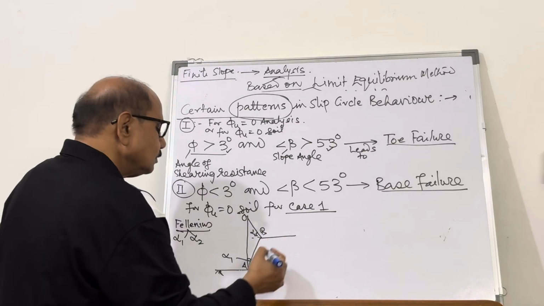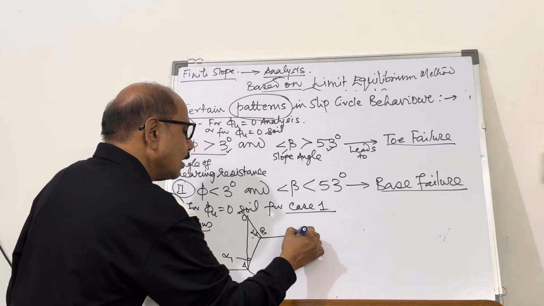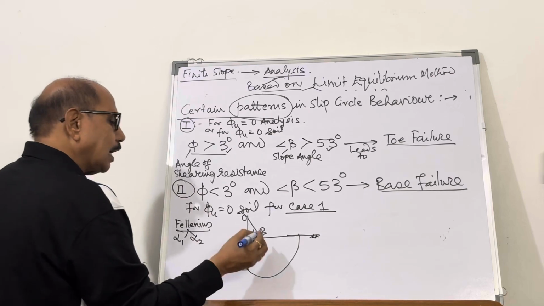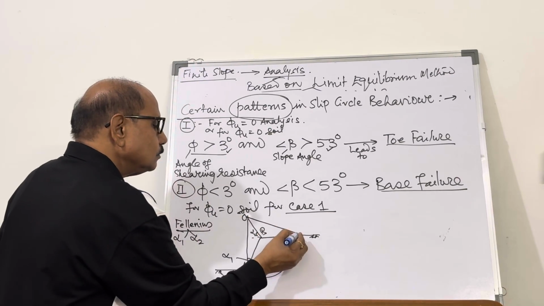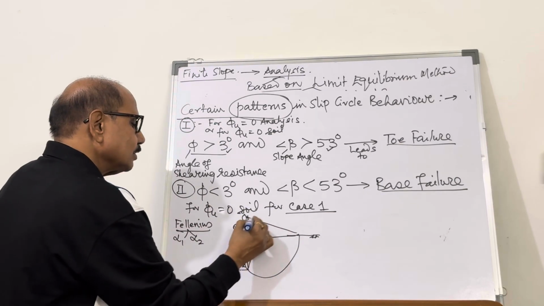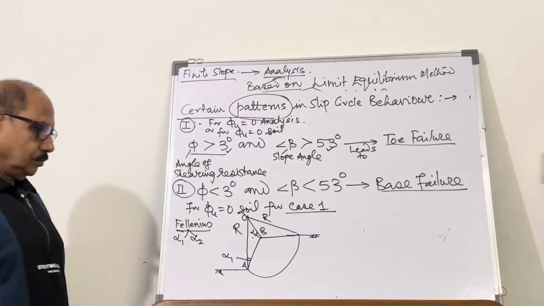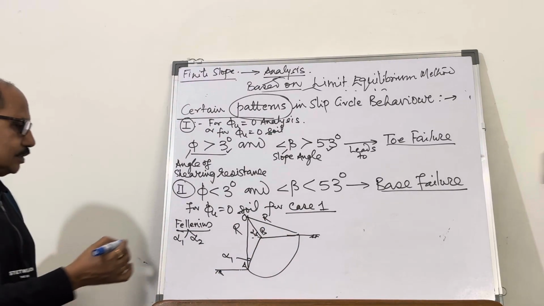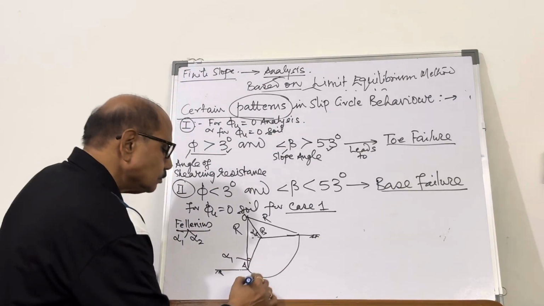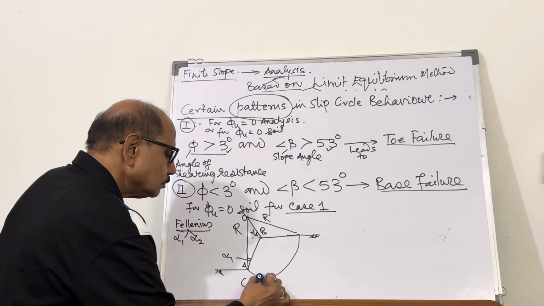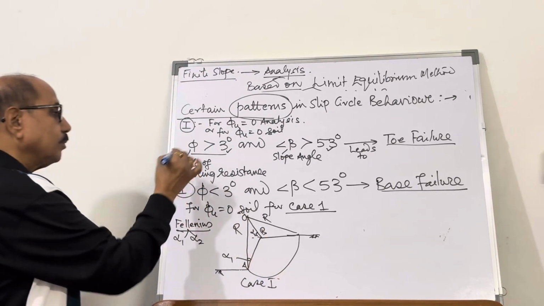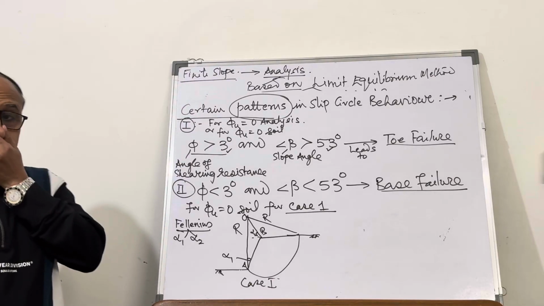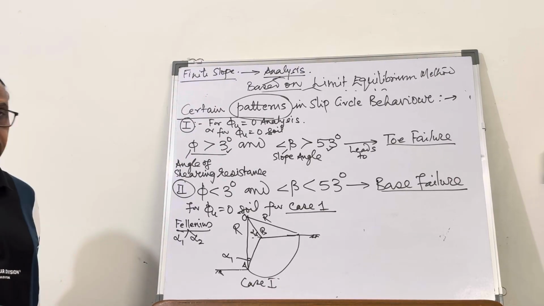And then you can have this becomes the radius. Very easily is case 1. That means toe failure that's going to take place like this.